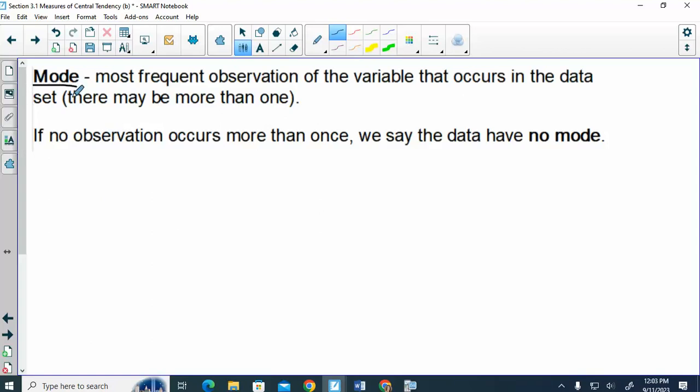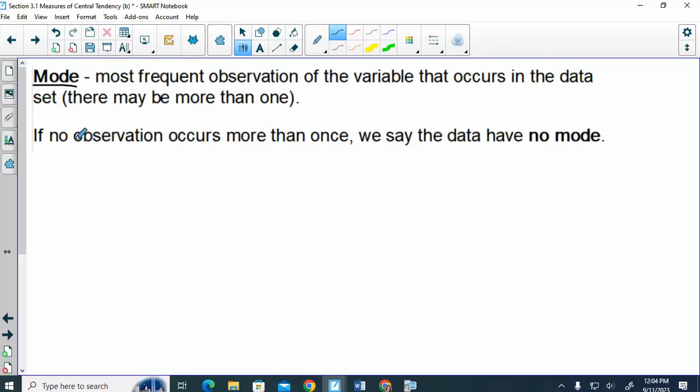The other thing, the mode, that's probably the one we use the least often because it's really not helpful in many situations, but the mode is the most frequent observation. So if we have a repeated value, the one that shows up the most often is the mode. You don't have to have a mode, so it might be the case that you never had any values repeated.